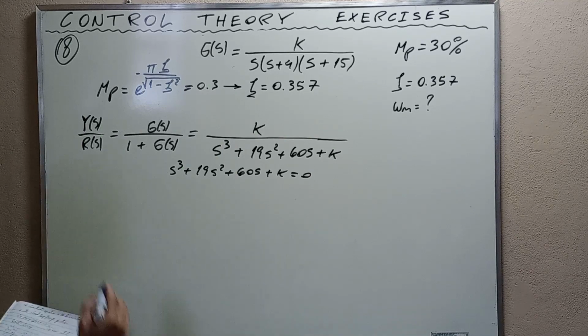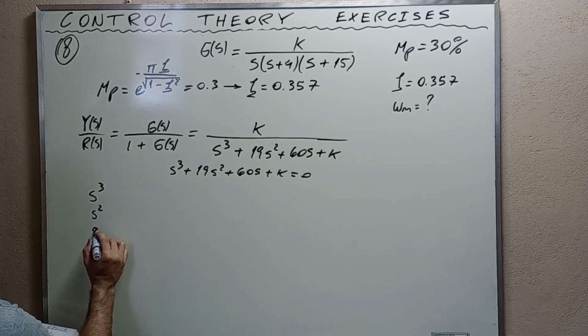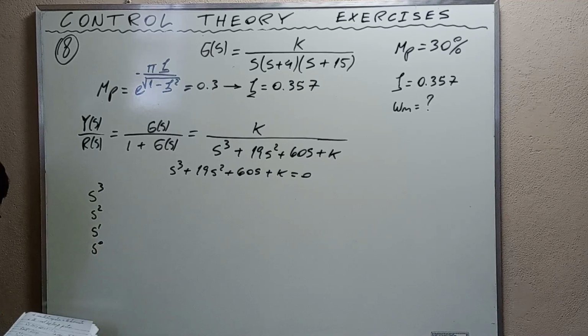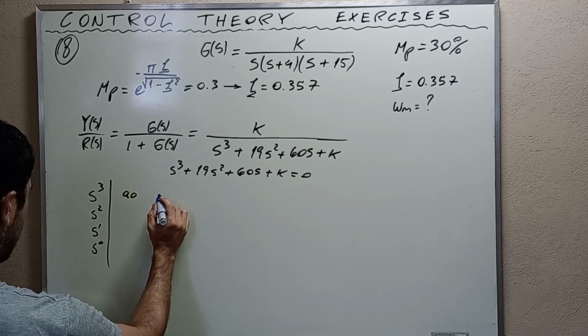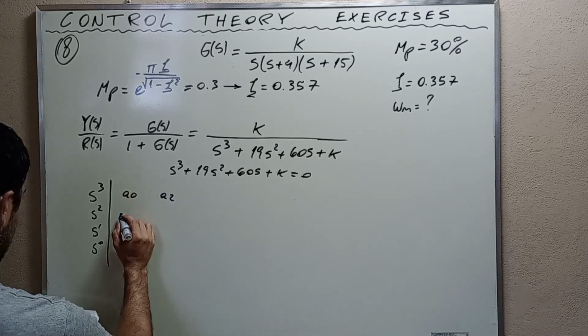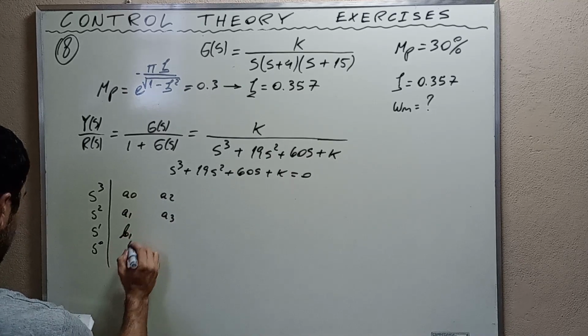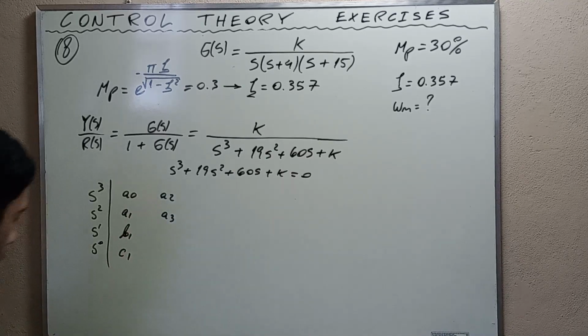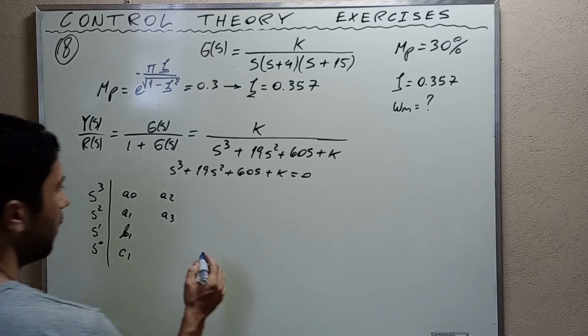Routh's array is going to be like this: s cubed, s squared, s to 1, s to 0, and here a0, a2, a1, a3, b1, and c1. Okay, my friends? And we know that a0 is 1, okay?